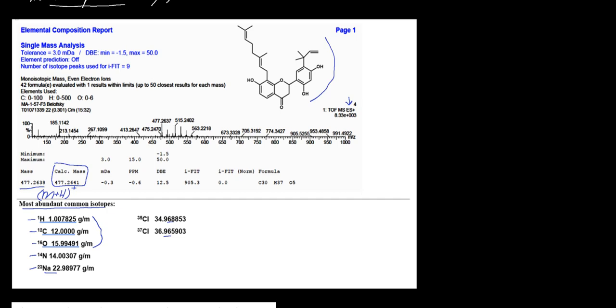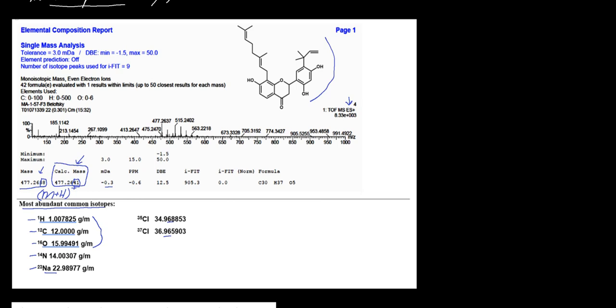So it'd be 36 times 1.007825, and so on. That's how you get to this calculated mass. Then, of course, they're comparing the observed accurate mass with the calculated, and you see that there's only a difference of 0.3 millidaltons. So that's a very good low error number.